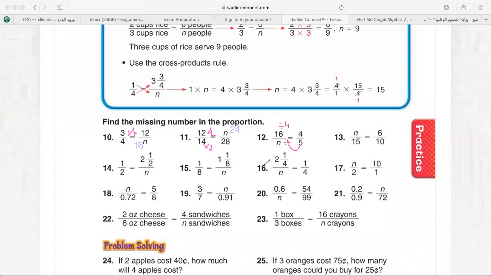There is a missing number. When I divide it by 4, it will be 5. What is this missing number? It is 20. How did I get the 20? I get the 20 by guessing or by multiplying 4 and 5.